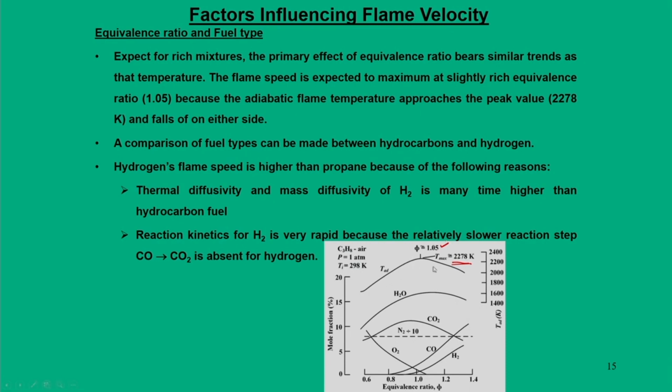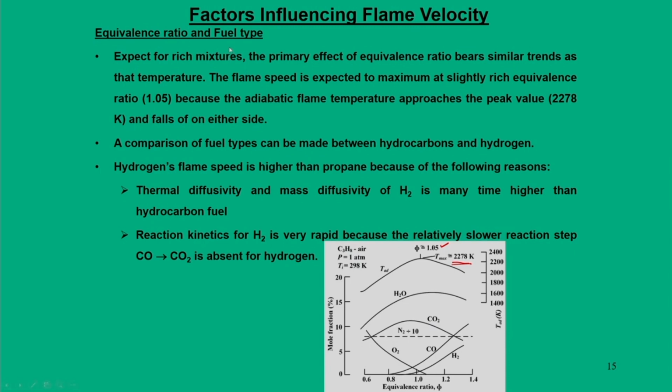In the same philosophy we can say equivalence ratio has a major role, as that of temperature. So, the flame speed is expected to be maximum at a slightly rich equivalence ratio, because the adiabatic flame temperature approaches its peak value and it falls on either side. And this logic is also true with respect to equivalence ratio.